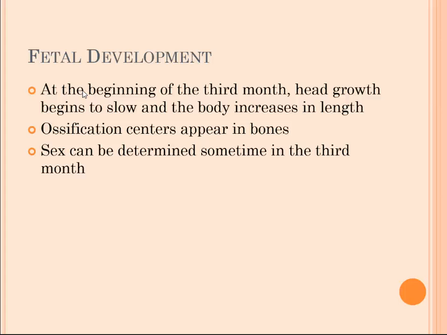Now, at the beginning of this 3rd month, the head growth, which was growing probably more than anything else, is going to start to slow down, and the body is going to start catching up with the head. Although I'd like to point out that newborns, their head is like 25% of their length. Okay. Now, at this point, also bones, ossification, the making of bony bones, is going to happen here. And then this is the point where you can actually determine the sex of the baby.